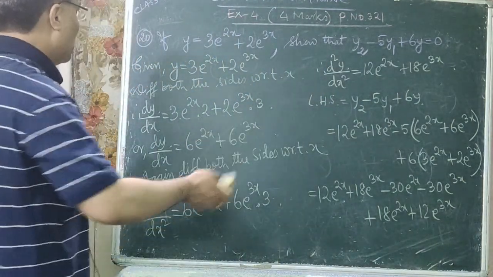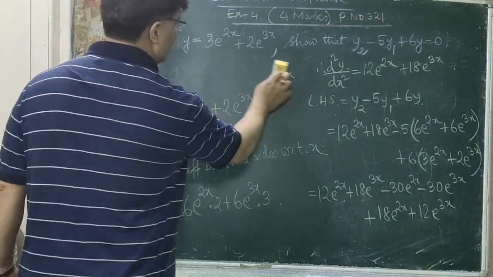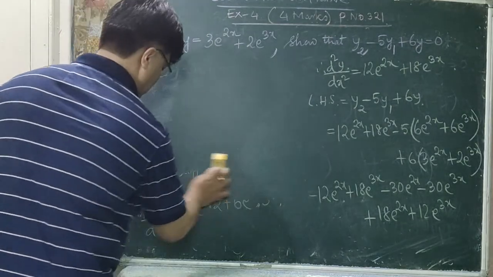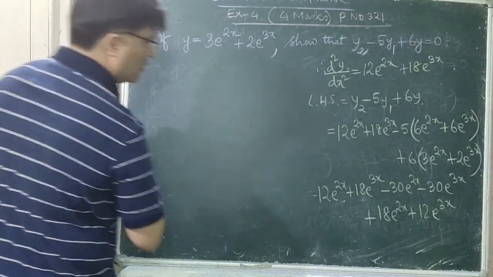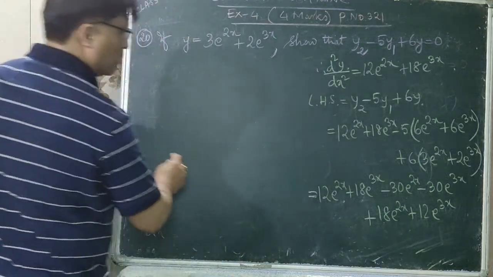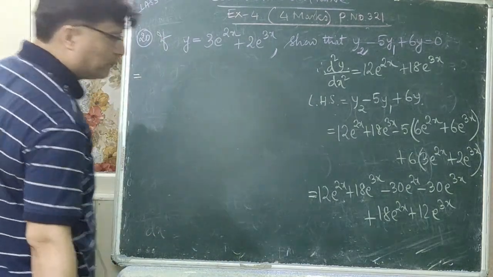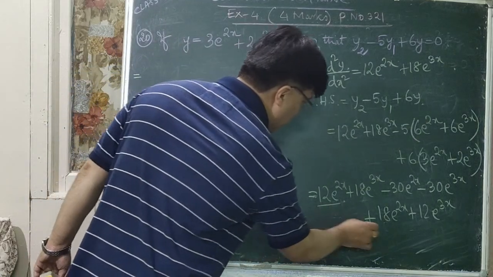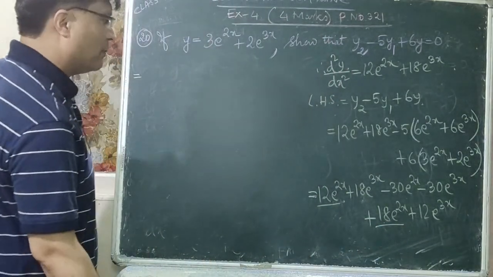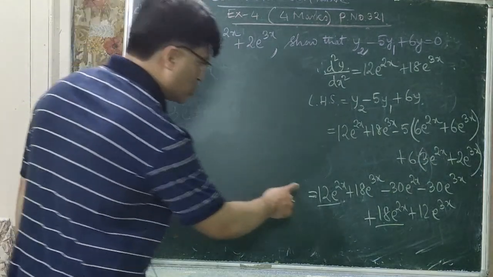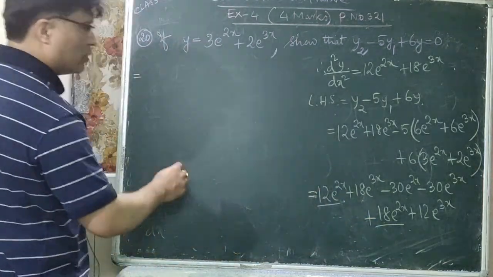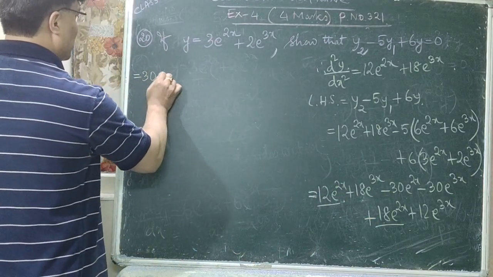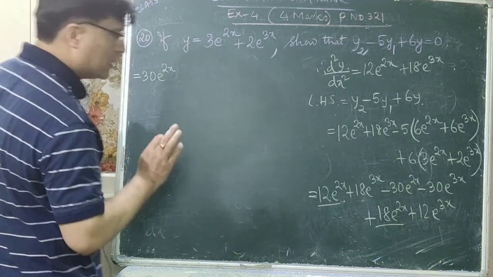Now let us simplify it again. Now this 12 e to the power 2x plus 18 e to the power 2x, what is it? It is 30 e to the power 2x, right?